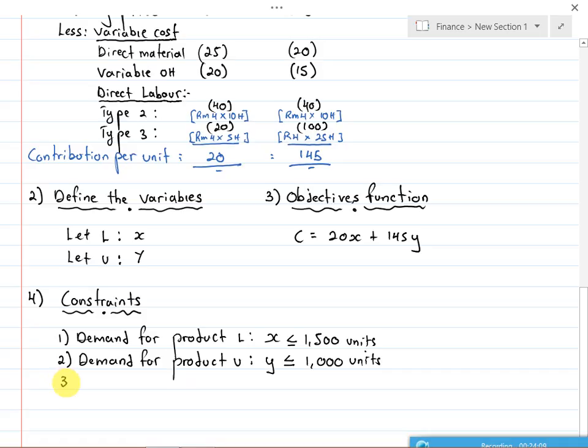Number 3. Now, because of the demand, we choose the L and U as the problem. That's the limitation on demand. And after that, what is the next problem? Labor. Yes. So over here, labor hours for what?